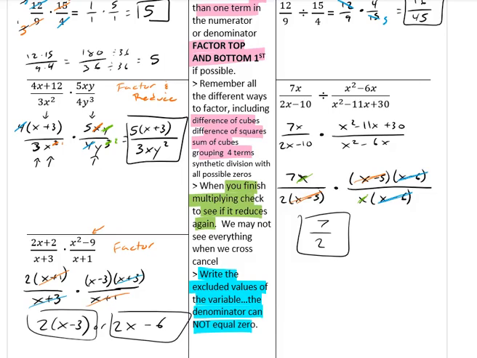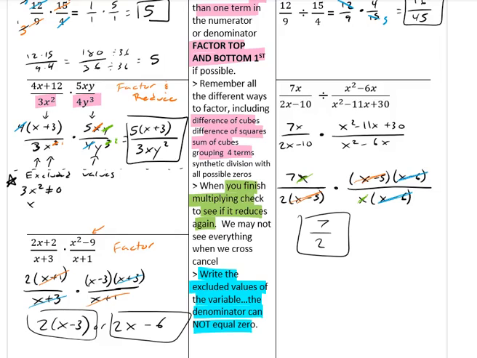So let's go and look at this first example right here. Now, excluded values. I'm going to take both of my denominators. So I'm going to look at this one here, set equal to 0, and this one here, set equal to 0. So I get 3x squared cannot equal 0.